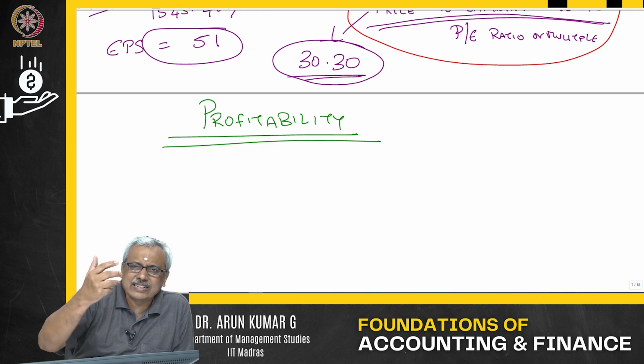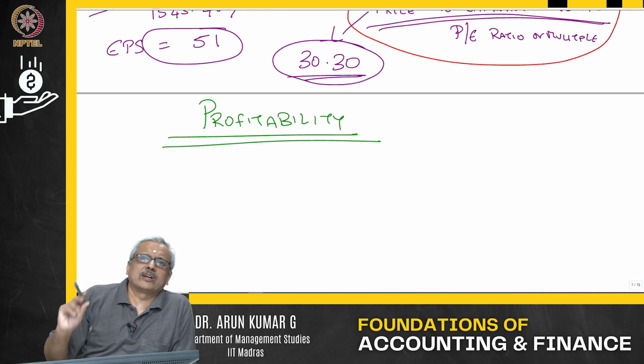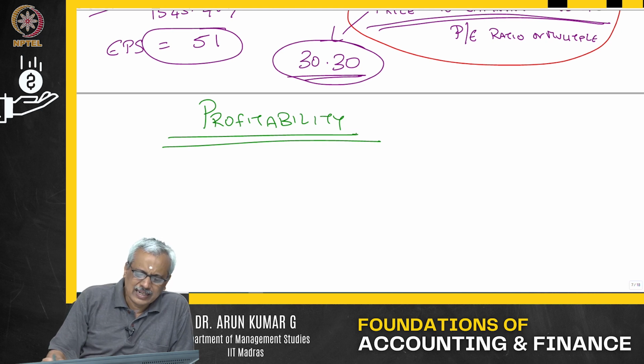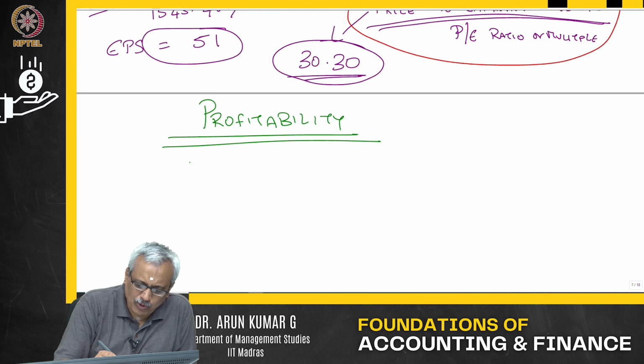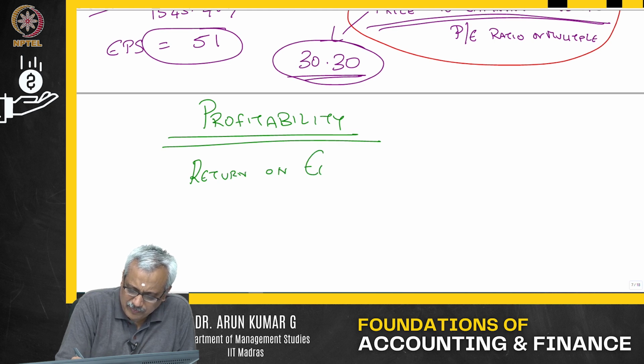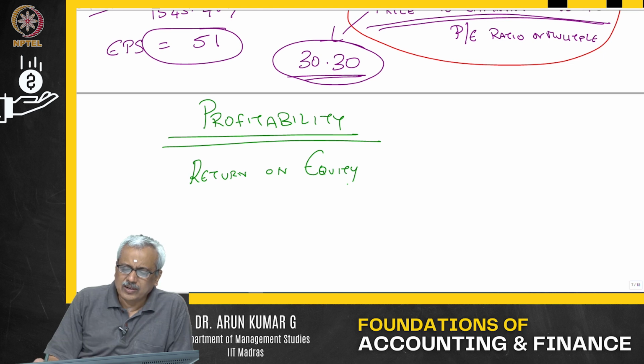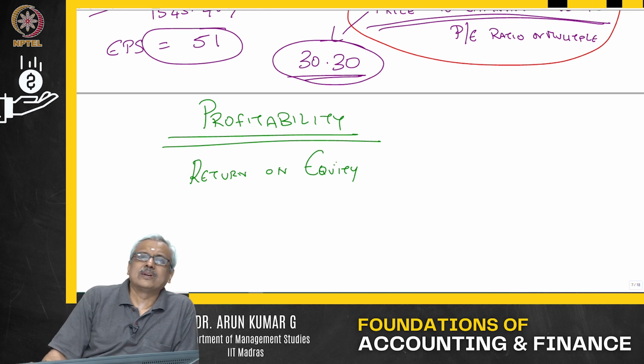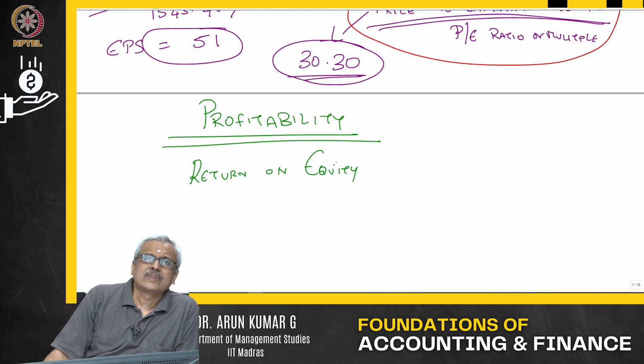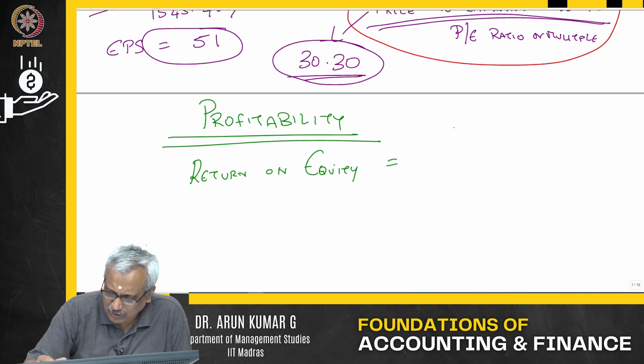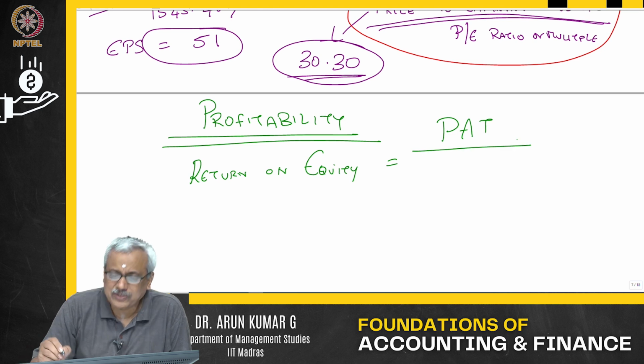Now, what are a couple of things we look at from the profitability point of view? The first and foremost is that the equity holders are interested in return on equity. What is the return that the equity holders are getting?